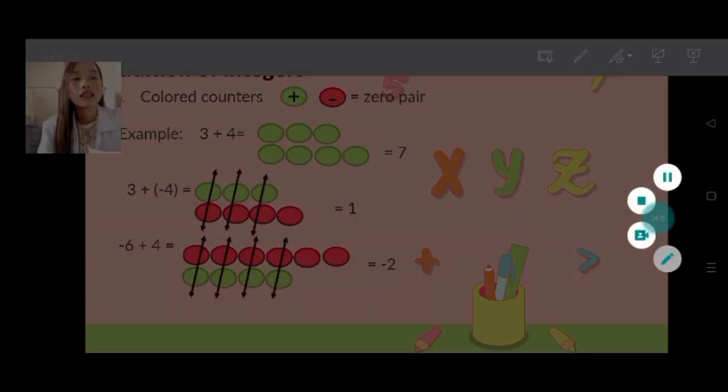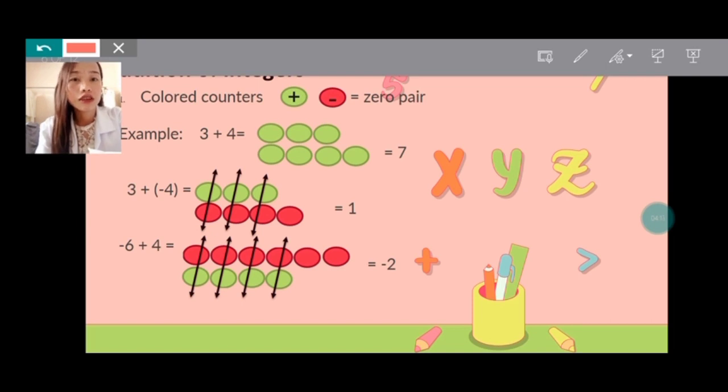Next example is positive 3 plus negative 4. Remember, if we have a sign that comes after a sign, it is important to have our close-ended parentheses. A positive integer is represented as the color green, so we have 1, 2, 3 green.